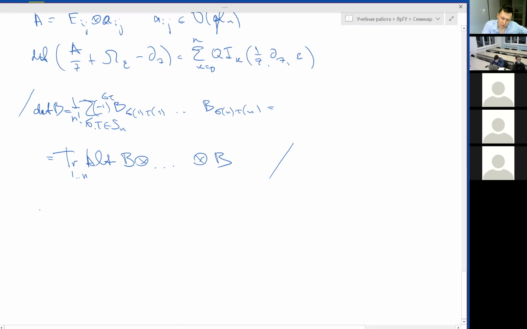And I will look for the asymptotic. Each term here is also a homogeneous expression in the first two variables.